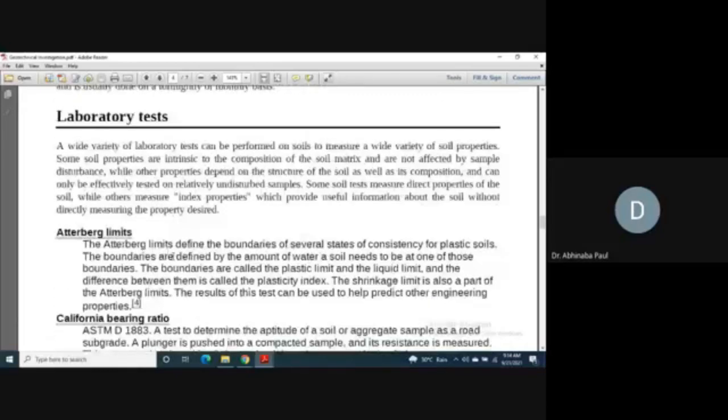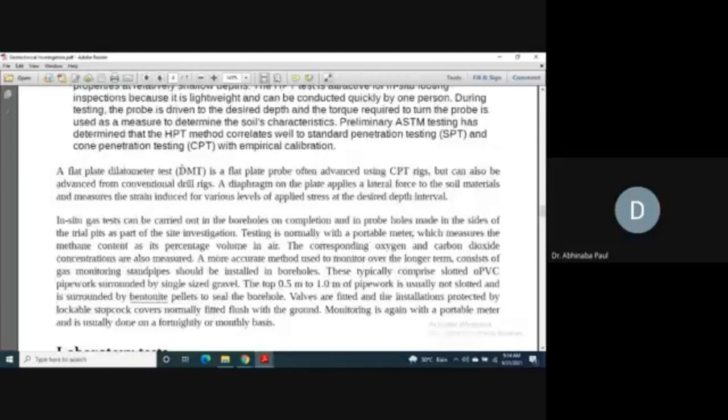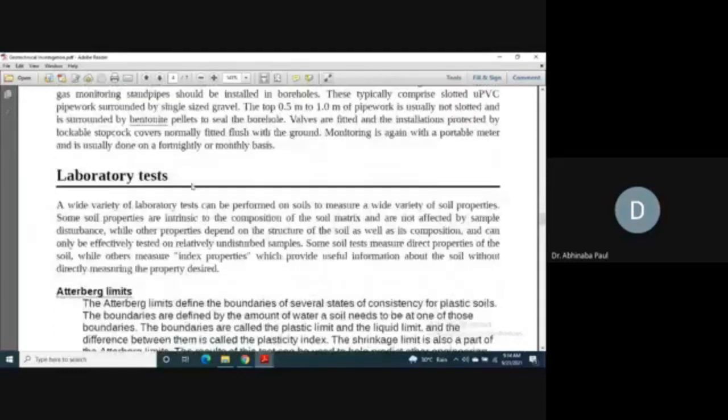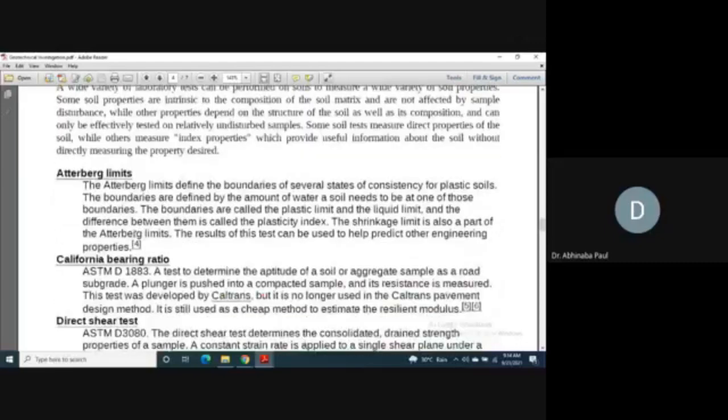Next is laboratory test. So these are the field tests actually. So after the field test, we collect the sample from the standard penetration test and bring it to the laboratory. After bringing it to the laboratory, we go for this kind of test.